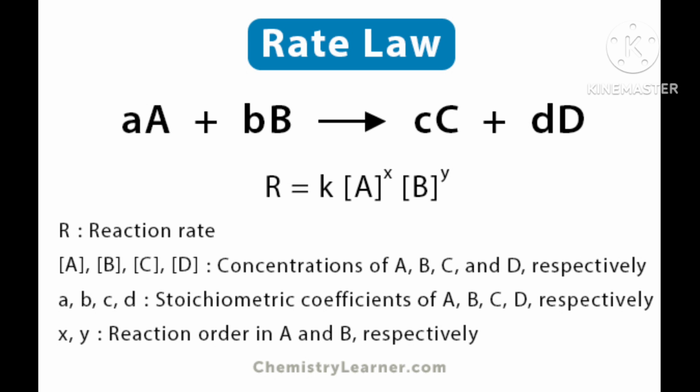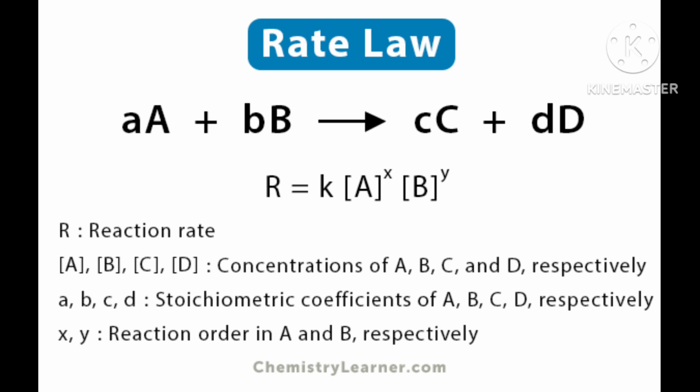Here first you have to understand one general reaction you can consider. A plus B, these two are the reactants, and the products are C and D, capital C and capital D. Capital A has coefficient small a and B has coefficient small b.